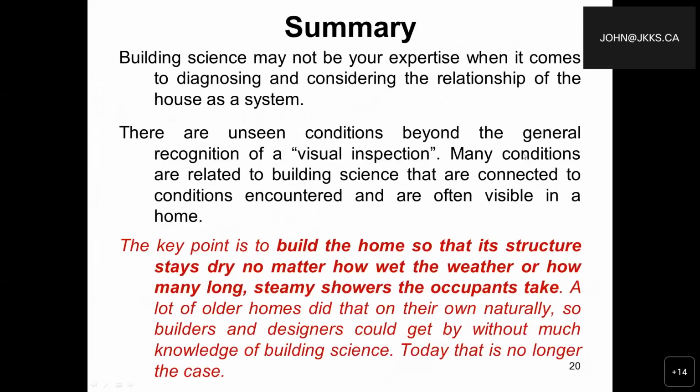Okay, so let's start to look at a summary here. Building science may not be your expertise when it comes to diagnosing and considering the relationship of the house as a system. So there are unseen conditions beyond the general recognition of even a simple visual inspection.